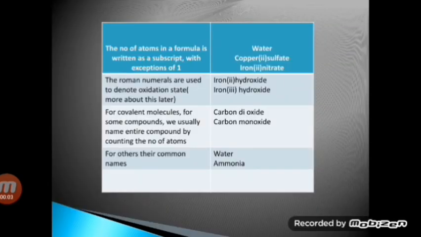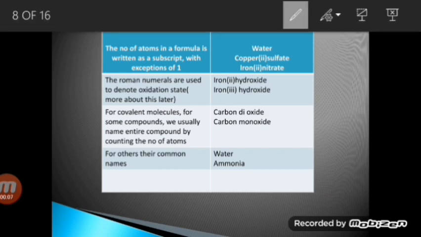The Roman numerals are used to denote oxidation states. Oxidation state will be covered in the coming units in detail. So here we have 2 compounds, iron 2 hydroxide and iron 3 hydroxide. The formula of iron 2 hydroxide, or iron hydroxide, will be written as Fe(OH)2.